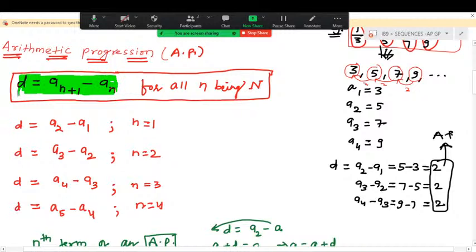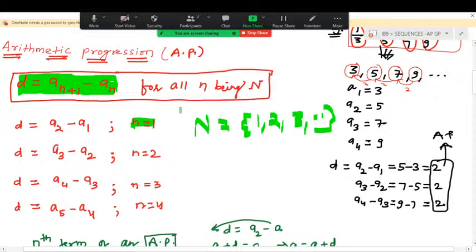If you keep on varying your natural number, you will keep on getting the pattern that I have presented here. If I substitute n as 1, because our natural numbers start with 1 and keep on going like this, I will get 1 plus 1, that is a2, and here I will substitute 1, that is a1.